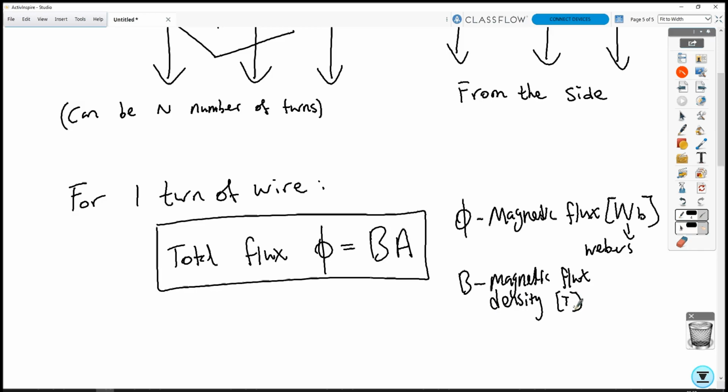The alternative unit: if the flux is in Webers, and flux density is flux divided by area, then the flux density can also be measured in Webers per meter squared.